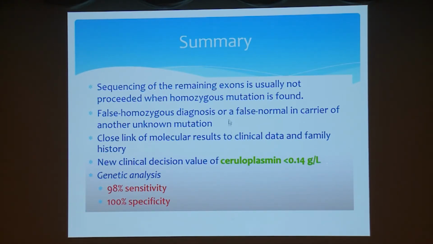So my recommendation nowadays is that it is easier to do whole exon sequencing, all exons, before you interpret the data. And we always have to combine clinical data, biochemical data, and family history with the genetic results together.